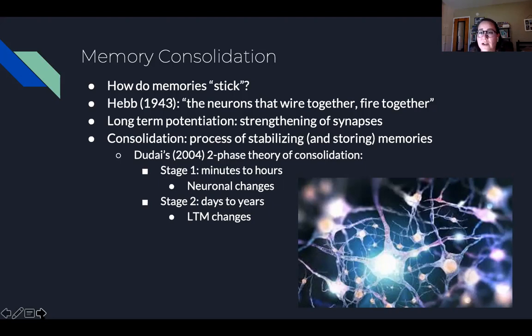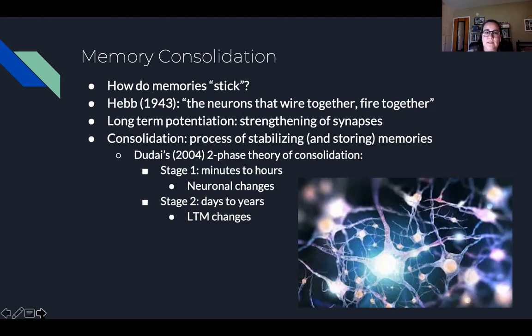Again, if we go back to our filing cabinet example, consolidation is when you're ready to put that file back, you're looking through, making sure that everything's organized. Maybe the papers are supposed to go in a certain order and you're making sure everything's there. Okay, now let's go ahead and put it in its final place in the filing cabinet.